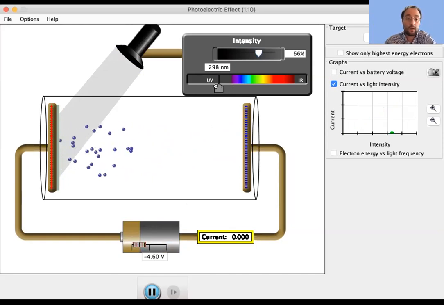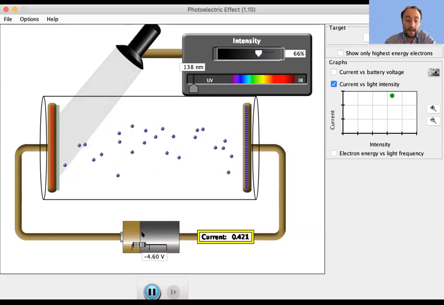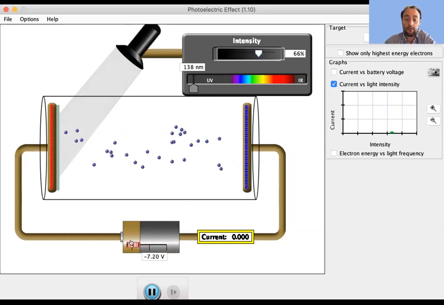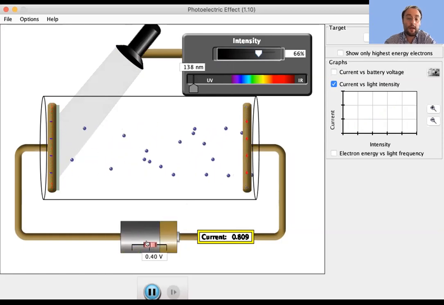So if they're moving faster, I need to apply a larger counter voltage. But my point is that using this method, you can calculate the energy of electrons that come out.